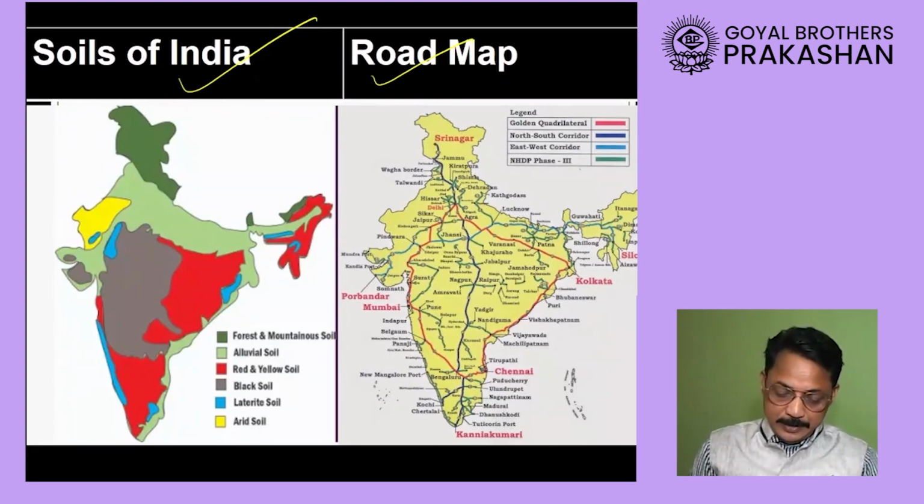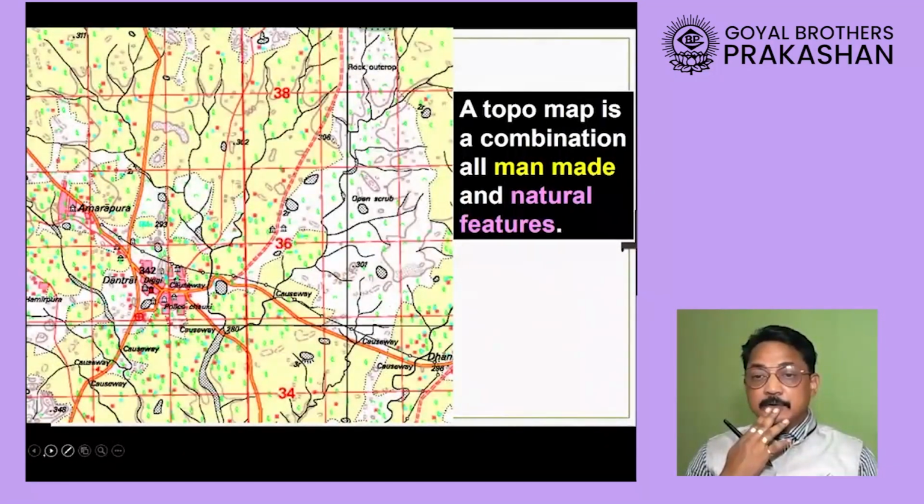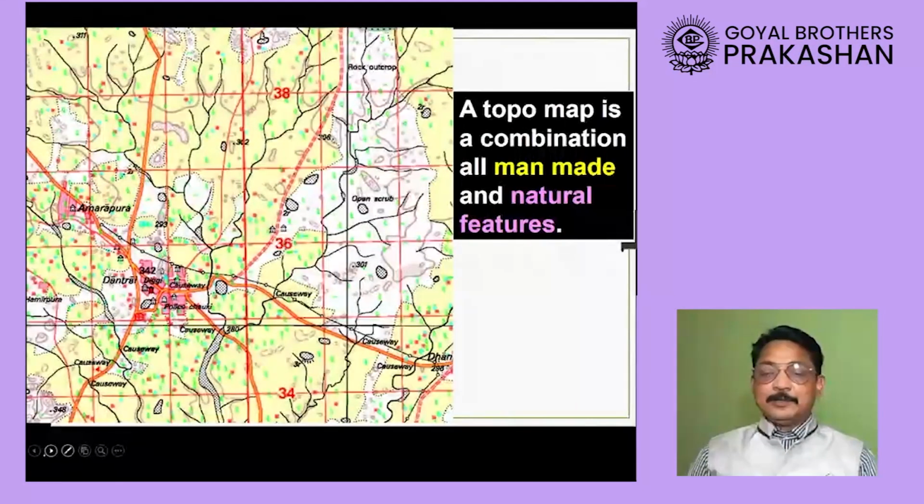Okay, now imagine that we show everything in one map: political, physical, natural, whatever, shown in one map. We call such a map, dear students, which consists of man-made features and natural features together, a topography map. But drawing them on one map, each and everything, will become very, very difficult.